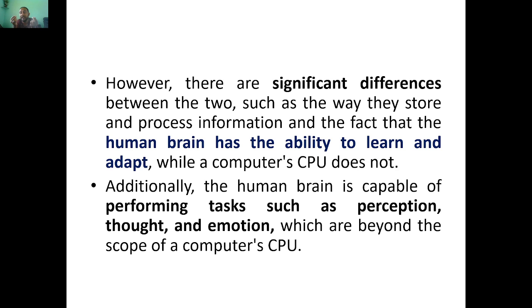The CPU can only receive the input, store the input, process the input, and give the output, whereas the brain does the same thing, but also does extra work. The brain has the ability to learn new things and adapt to them, but the CPU does not adapt. The CPU is like: I will do that work and then I'm off.